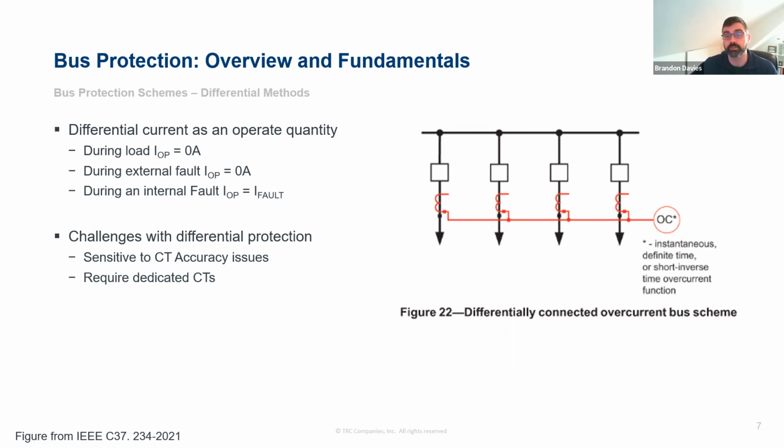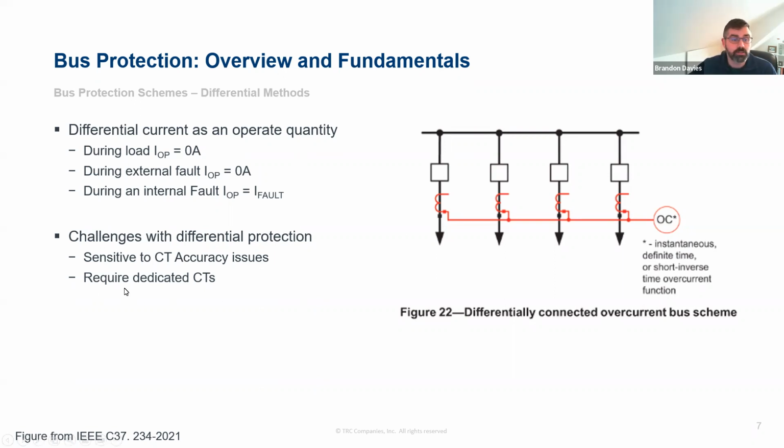They'll saturate, the CTs will saturate, and the secondary current will no longer be directly proportional to the primary current. So if you start having that happen, for an external fault condition or some other reason, the operate current is going to reflect that. So that's one of the things we've got to look at and plan for with our bus differential protection.